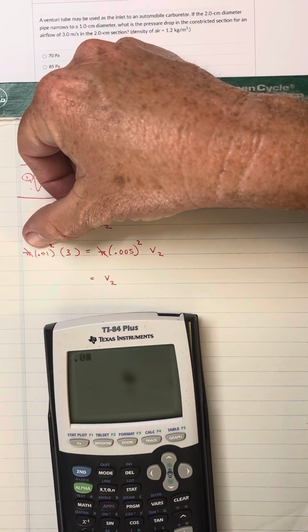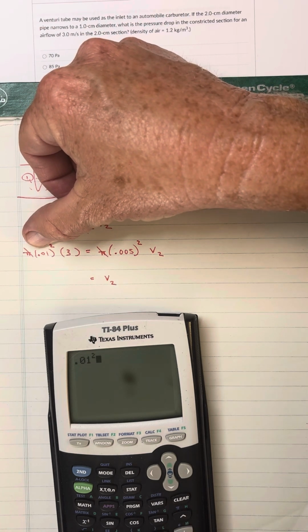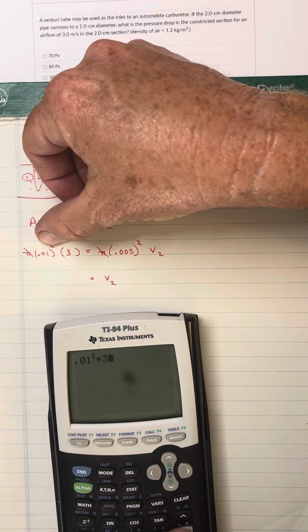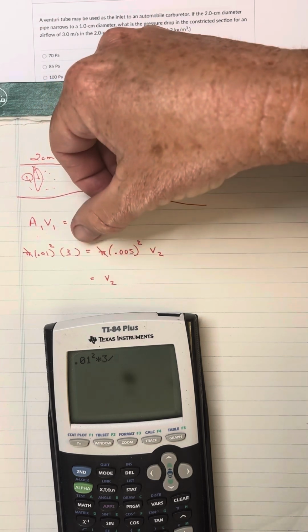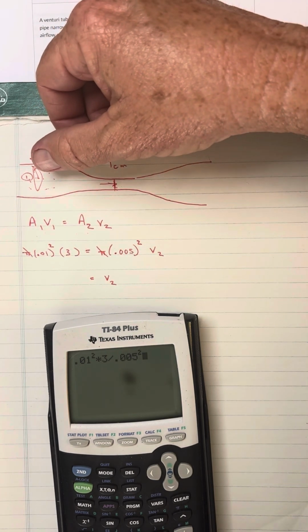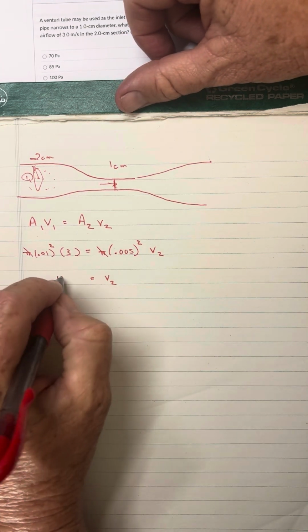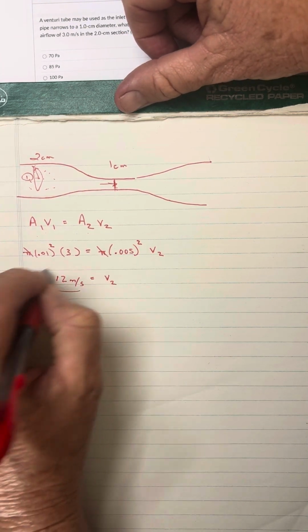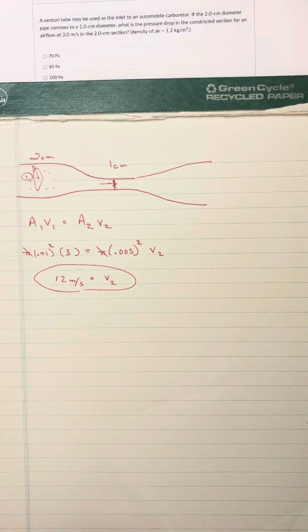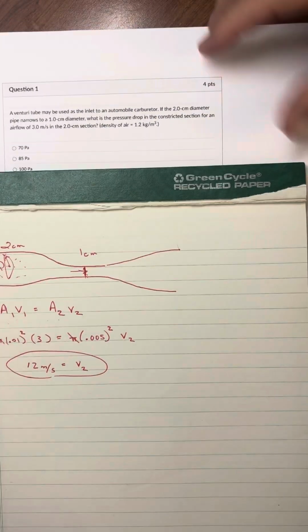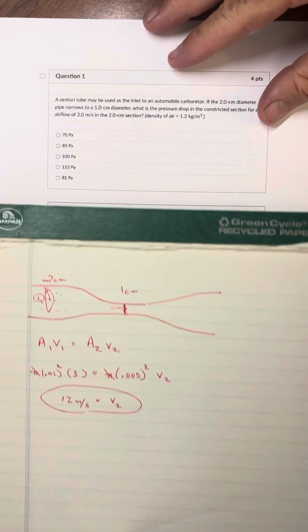Grabbing my calculator, 0.01 squared times 3, and move this over, 0.005 squared, and I get 12. And so 12 meters per second is the speed there. So that's the first part of this problem.